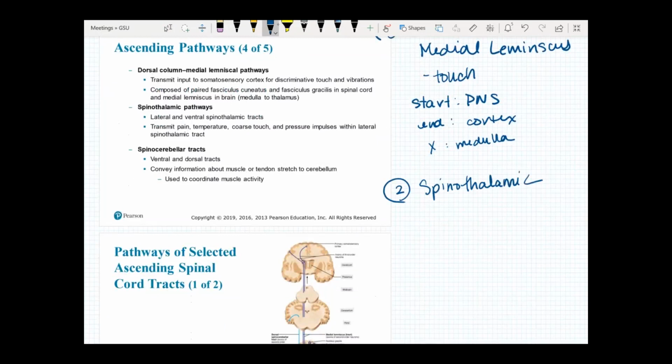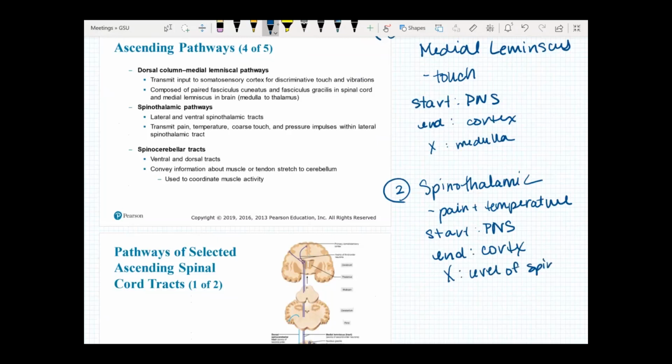This is going to be carrying pain and temperature information, because these are parts of the somatosensory system. It's going to start also in the peripheral nervous system somewhere, and it will also end in the cortex, but it will cross, or decussate, at the level of the spinal cord.